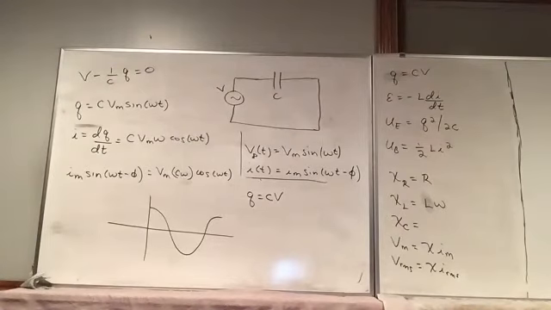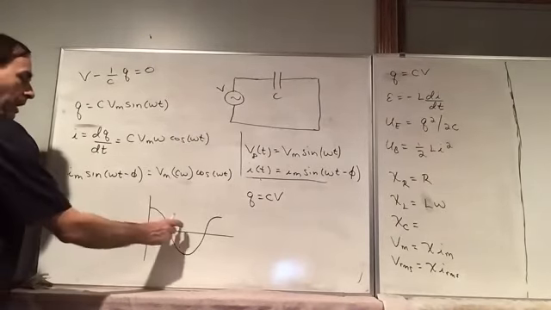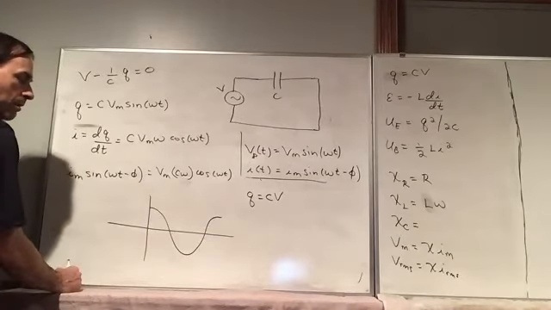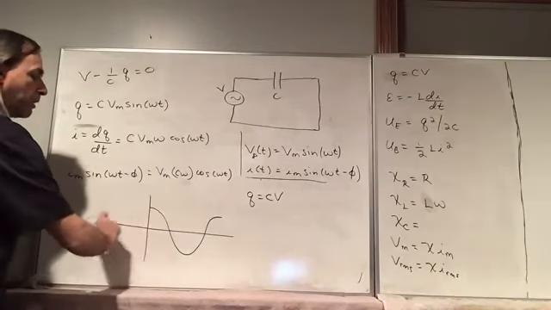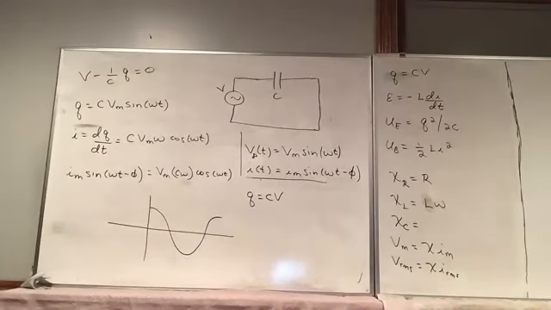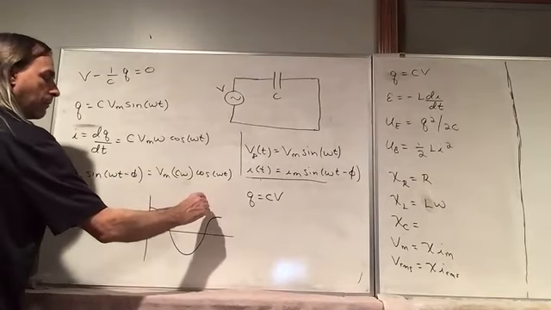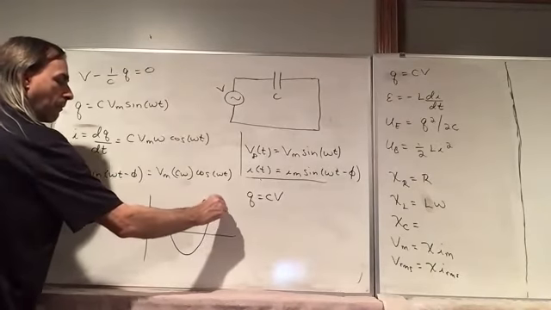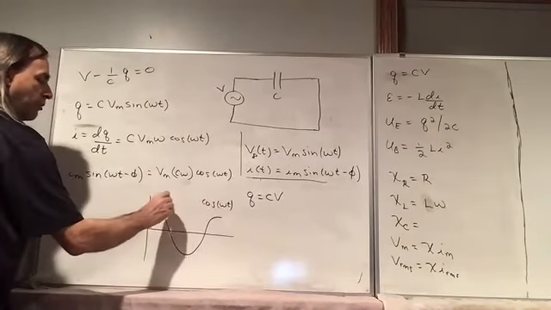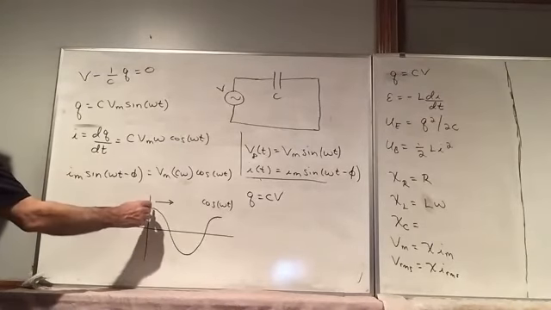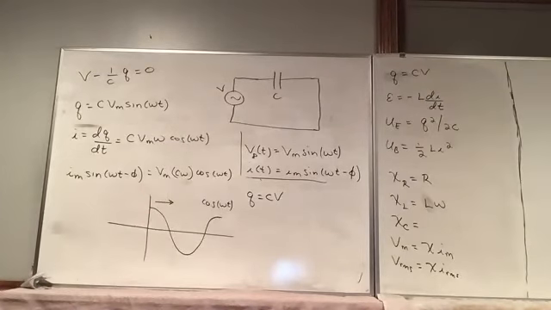To shift sine into cosine, we'd have to shift it to the left 90 degrees. No, we'd have to shift it to the right 90 degrees. Yeah, so if we take cosine omega t, we shift it right 90 degrees, that would then equal sine.